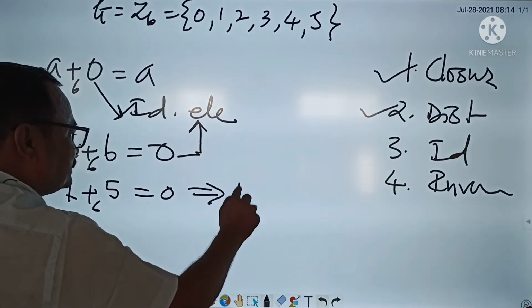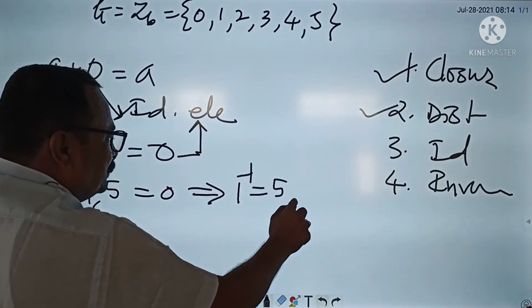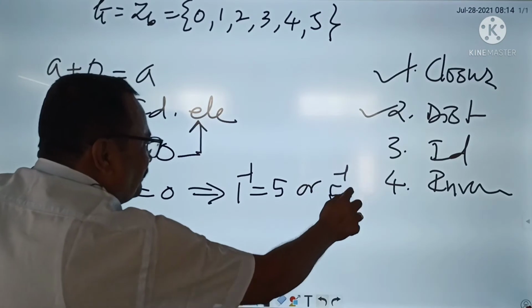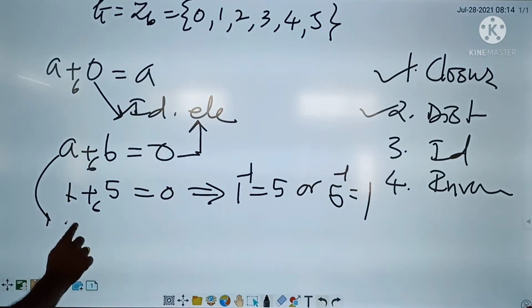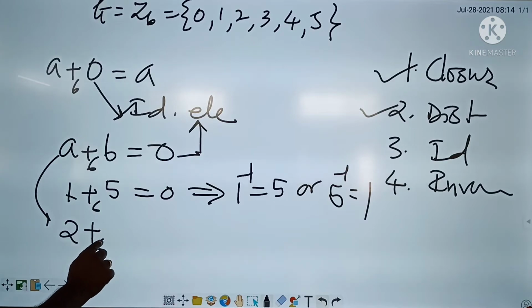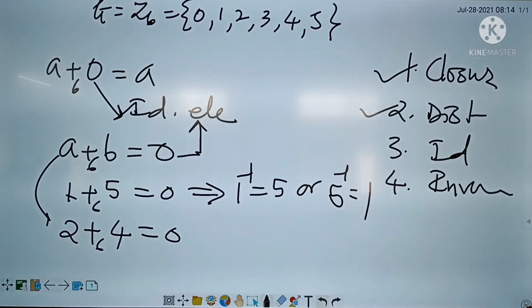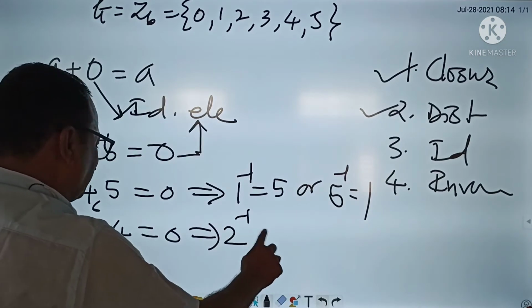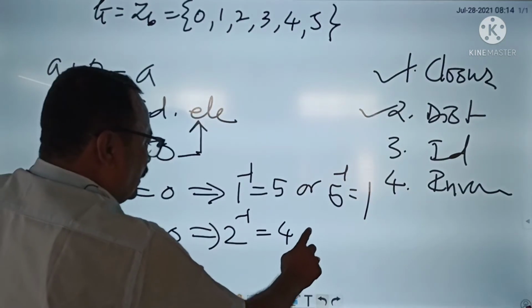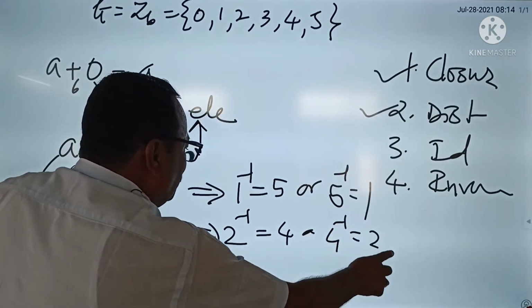So this implies the inverse of 1 is 5 or the inverse of 5 is 1. Take A as 2. So 2 addition modulo 6 should be equal to 0. So we take B as 4, because 4 plus 2 is 6, 6 divided by 6 is 0. So this implies the inverse of 2 is 4 or the inverse of 4 is 2.